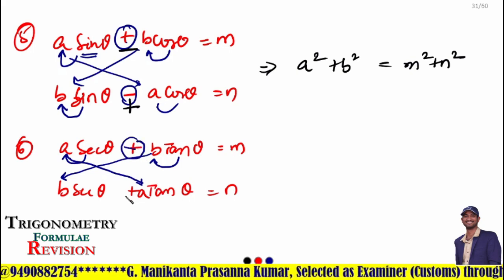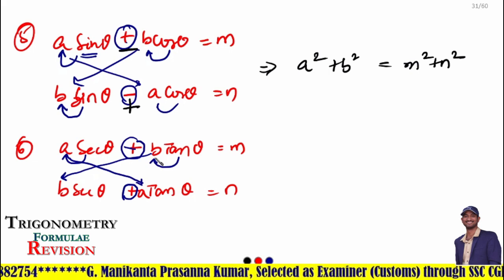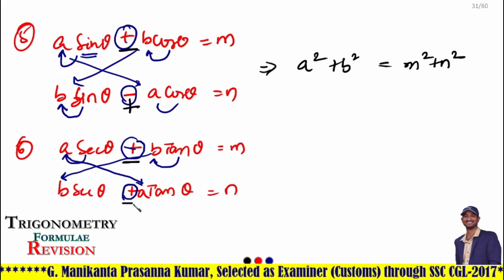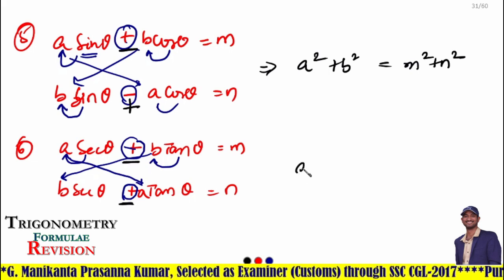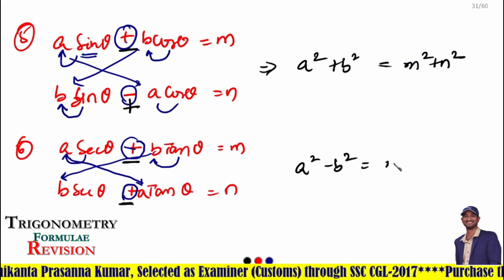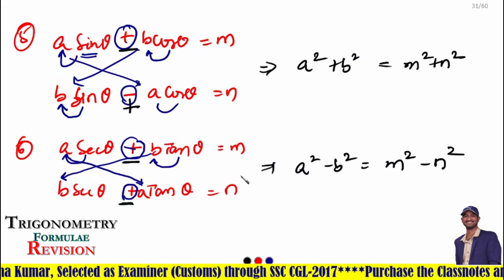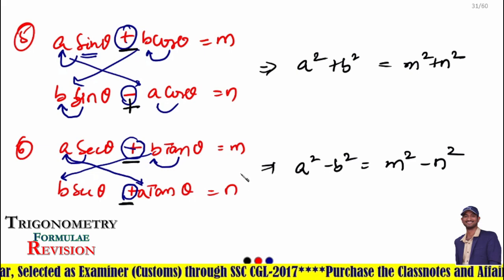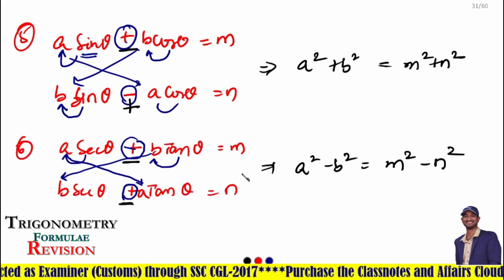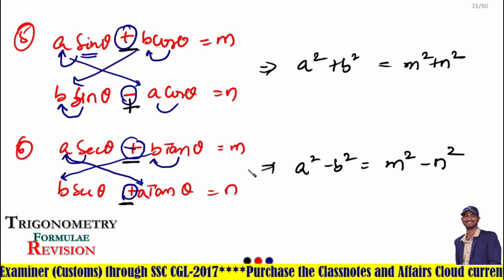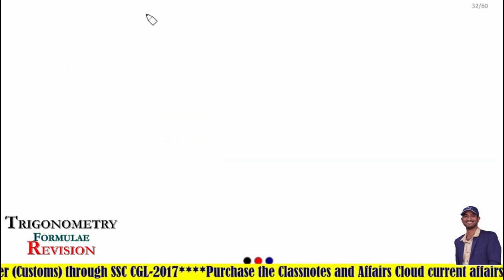Here if it is plus, here also plus. If here it is minus, then here also minus. Then a square minus b square equals m square minus n square. Very, very nice models these are. Okay. Is it clear? Next one. Seventh.